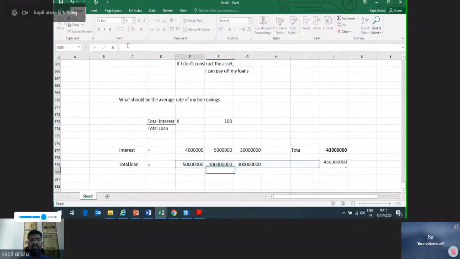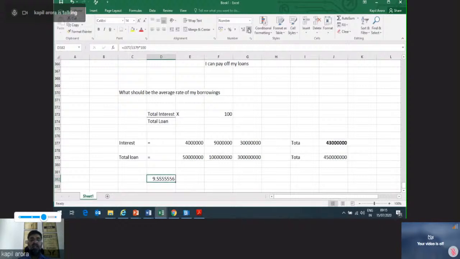So the total loan which we have is 45 crore, whereas total interest we have is 4 crore 30 lakhs. So what would be my interest rate? Interest rate which will be there is 4 crore 30 lakh total interest divided by total loan into 100. If we do that, I get my interest rate which is 9.6%.